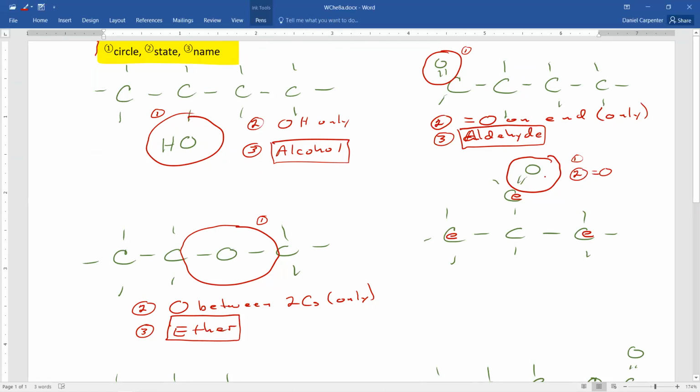Anyway, it does count as an end because the carbon is only attached to one other carbon. It's not attached to 2 or more. So this is a double bonded O on the end, and there's nothing else, so that would make this another aldehyde, just like up here.